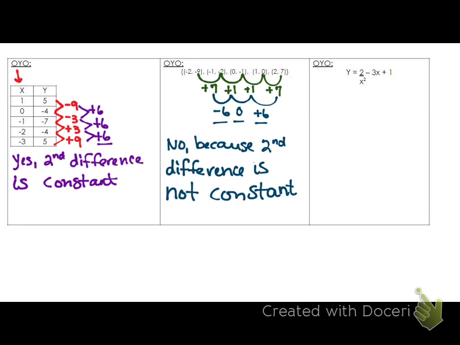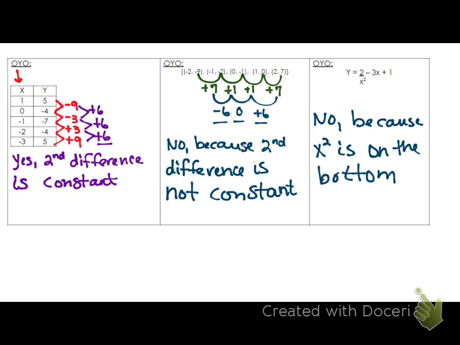So this is not quadratic, because the x squared is on the bottom, in the denominator.